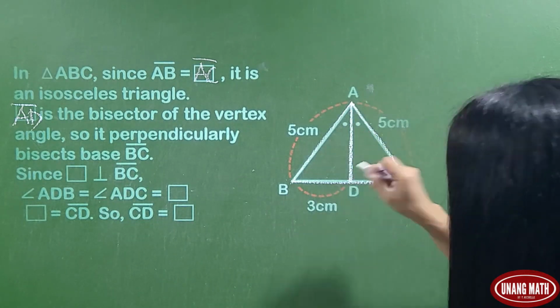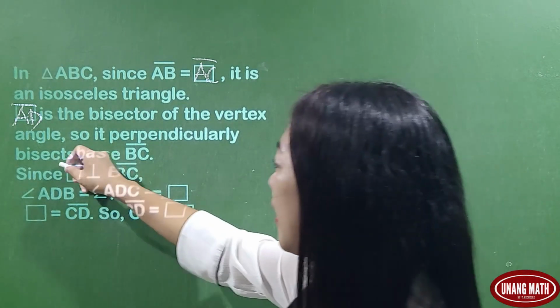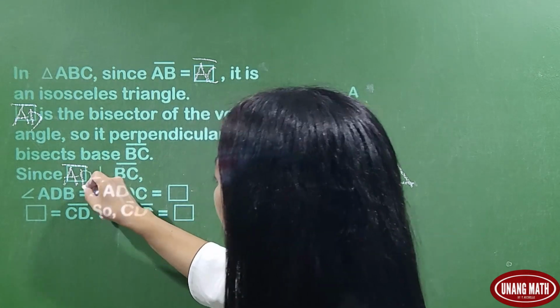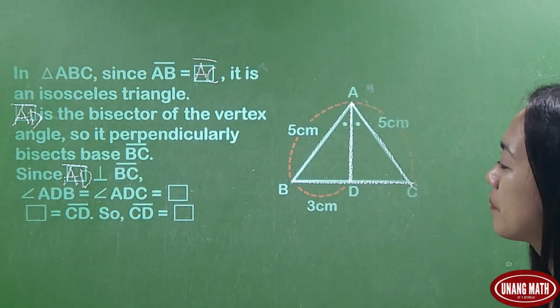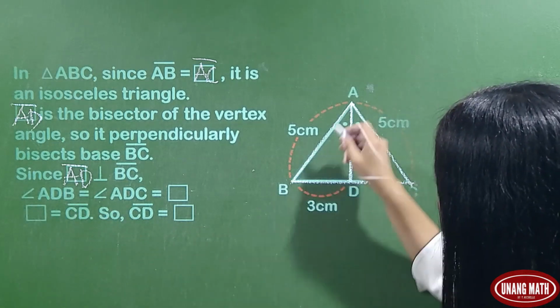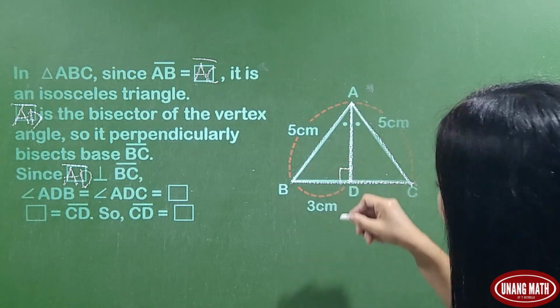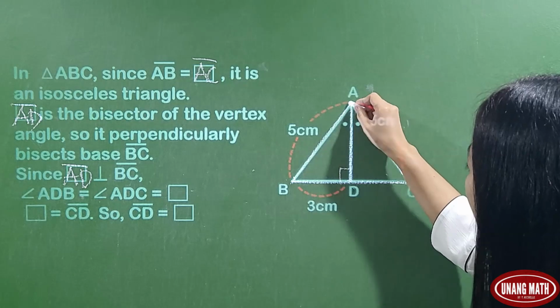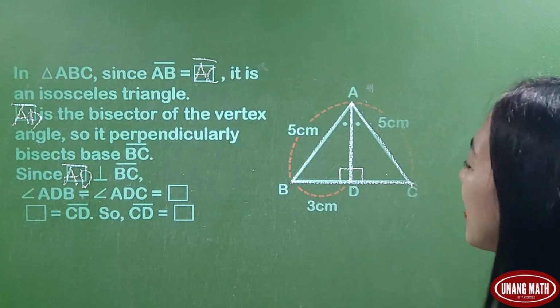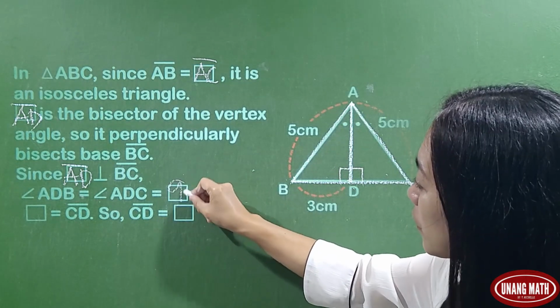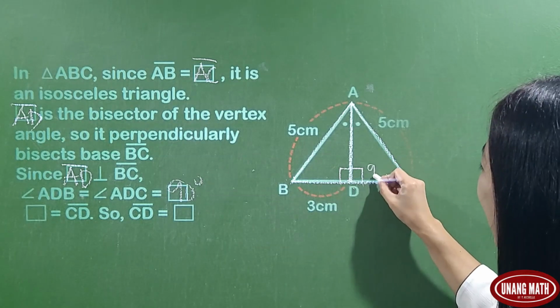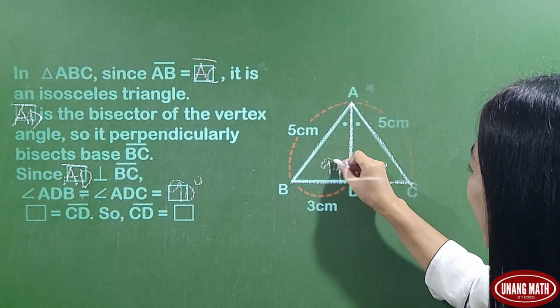So since segment AD is perpendicular to segment BC, then angle ADB, or this angle, is equal to angle ADC, or this angle, which is equal to 90 degrees.